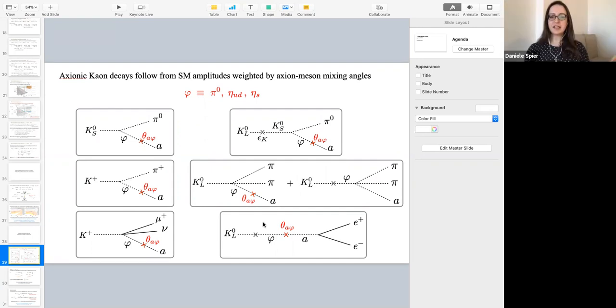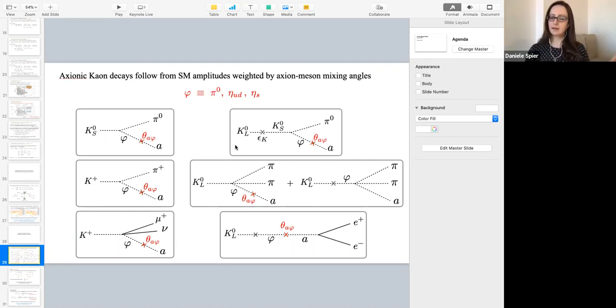Let me see if I understand. Are you asking me about this particular diagram? Here you have epsilon K, right? Because it is CP breaking, right? And so, okay, but let's say that you are emitting axions there instead of epsilon K, and then it's not CP breaking, right? Then it's CP conserving. Yes.